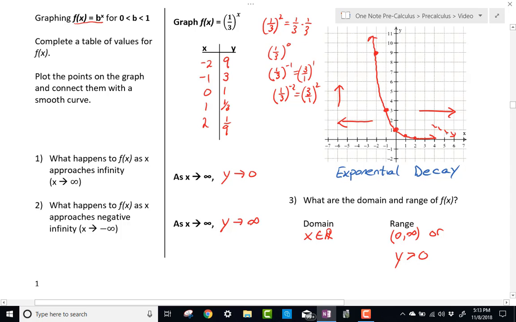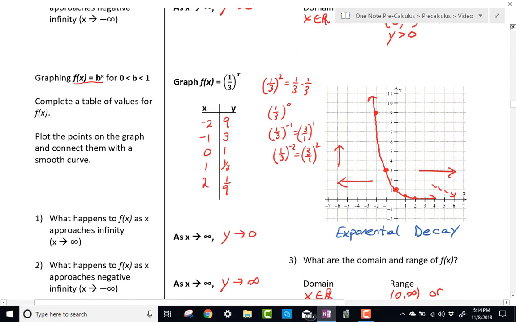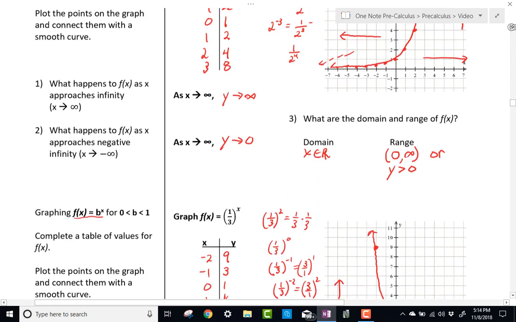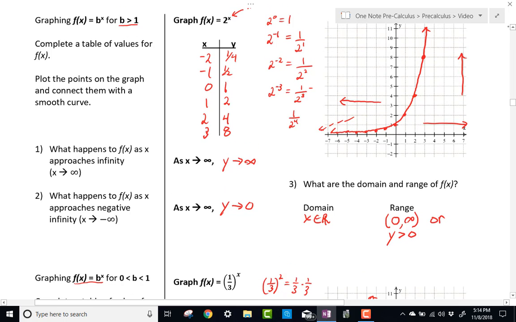If you've been in science class and you've talked about decay, the half-life of something. That's an example of exponential decay. And so anytime something is going down in value, it's decaying. And that's exactly what's happening here. As x gets bigger, the y values are getting smaller. The graph up above is an example of exponential growth.